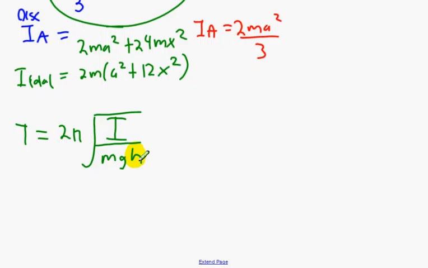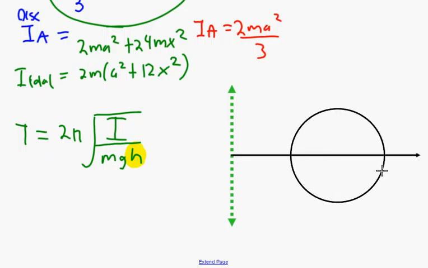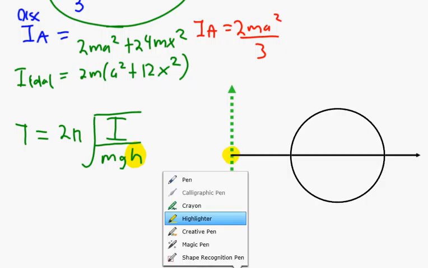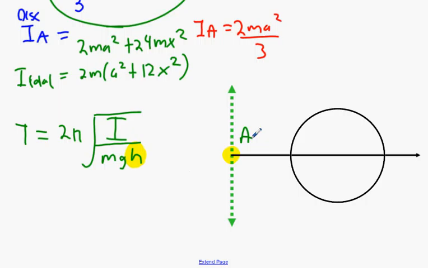So, on a really basic level, green line represents axis of rotation. We'll go for the black line here. Represents your rod, and then this is my disc that's clamped on, and this is A, and we're rotating out of the board like that, in and out, in and out, in and out.